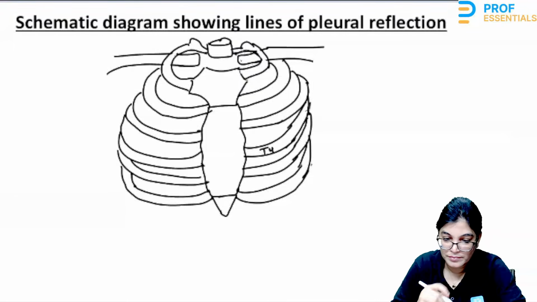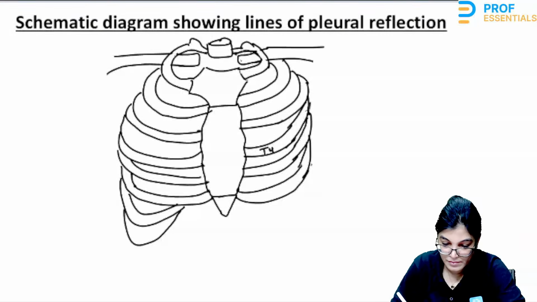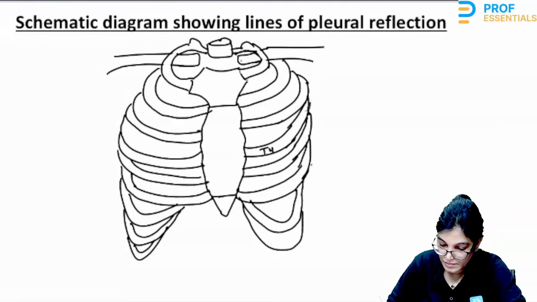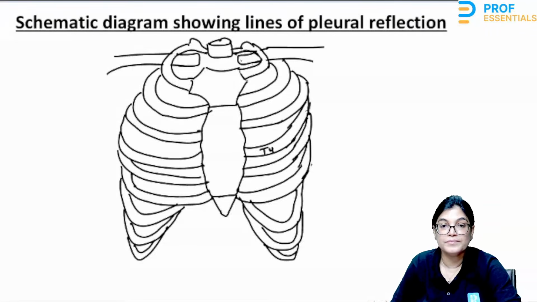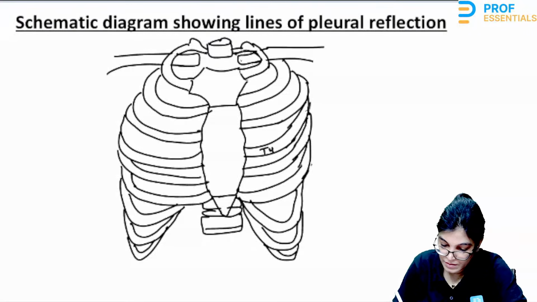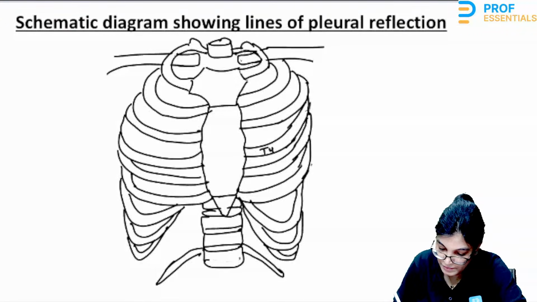Then here, vertebrae, no? T12. Okay, this will be rib 12.